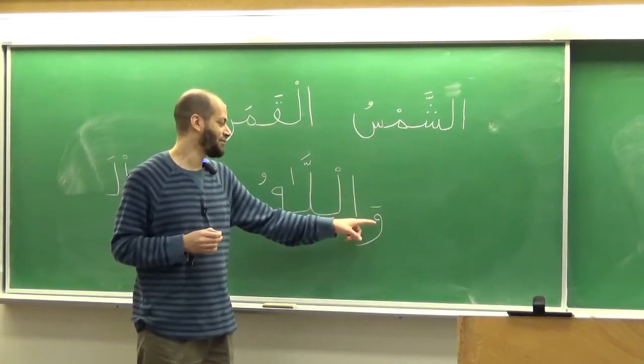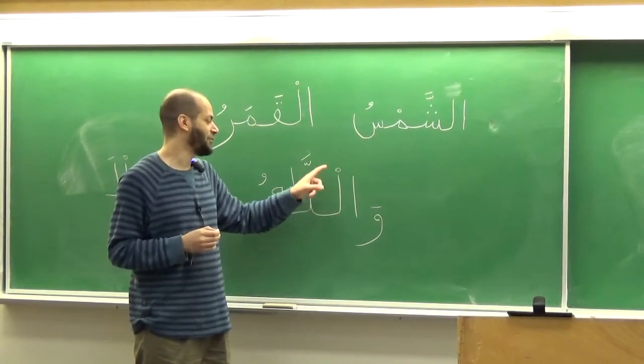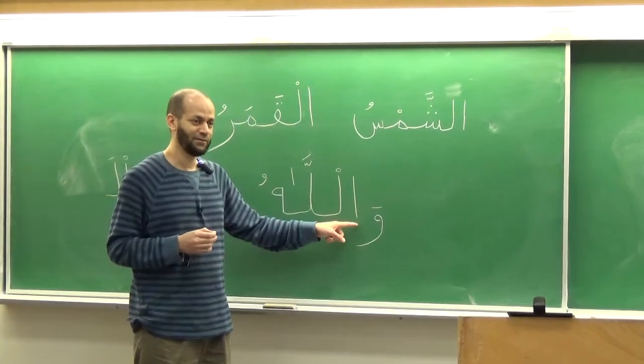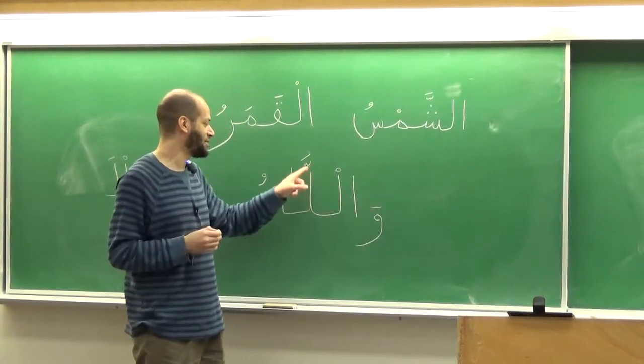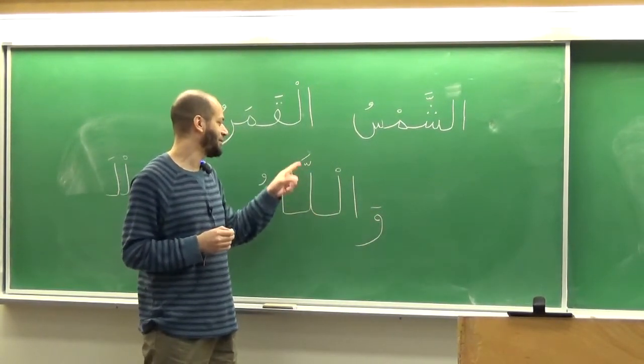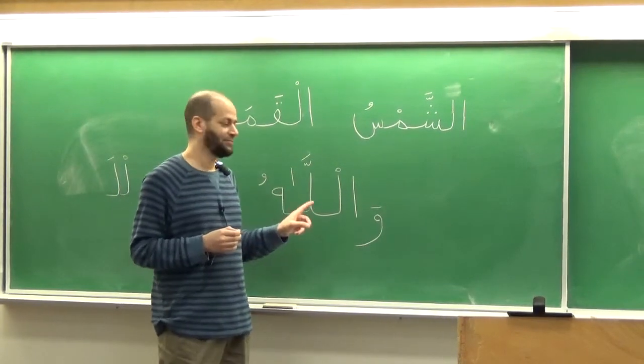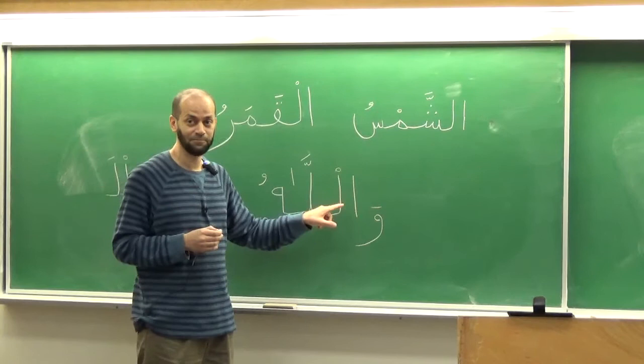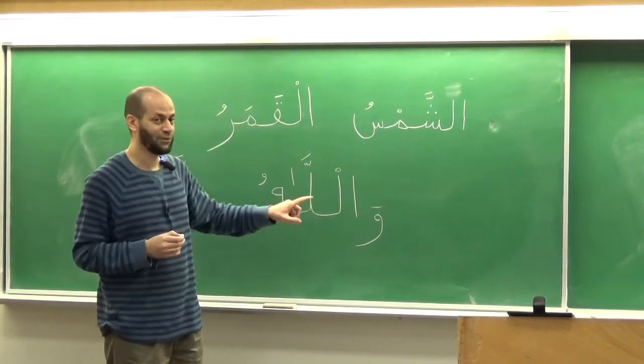Whether we start from the waw or we start from Allah, we are not going to pronounce the lam anyways. So I'm skipping over two letters. So I'm skipping from the waw to this lam. So I'm saying Wallah. I'm skipping two letters. Try to remember this.